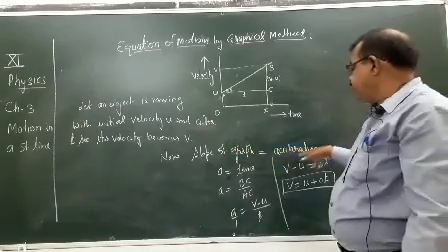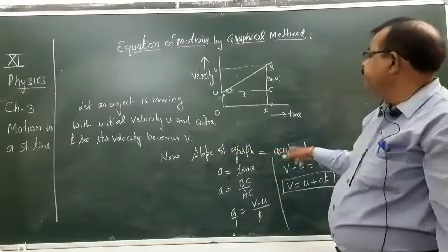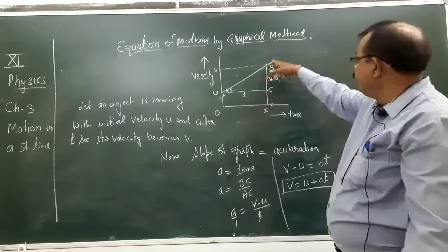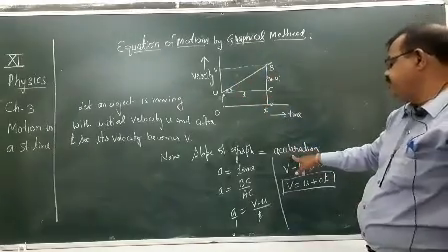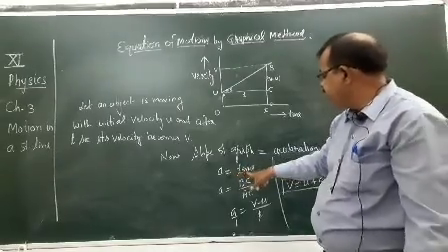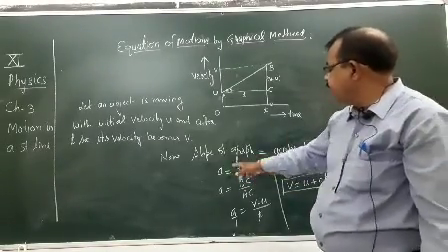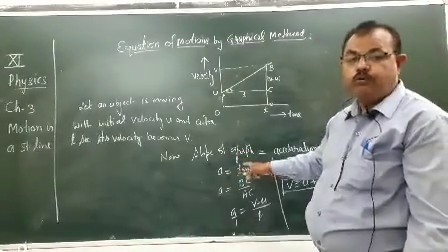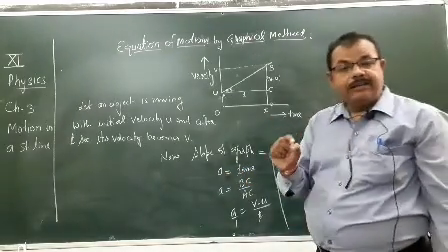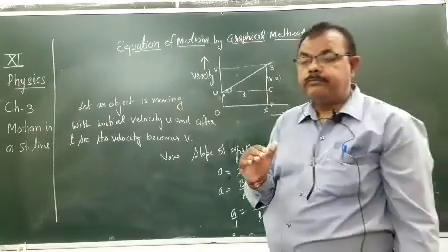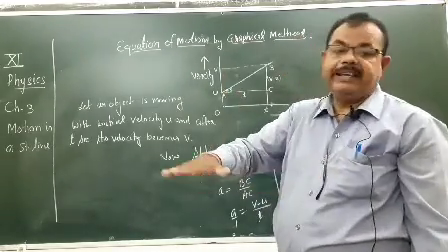We use this concept. The slope of the velocity time graph gives the acceleration. So here acceleration is equals to tan theta. Tan theta is the slope of the graph. So a equals to tan theta, and you know in trigonometry, tan theta equals to perpendicular upon base.